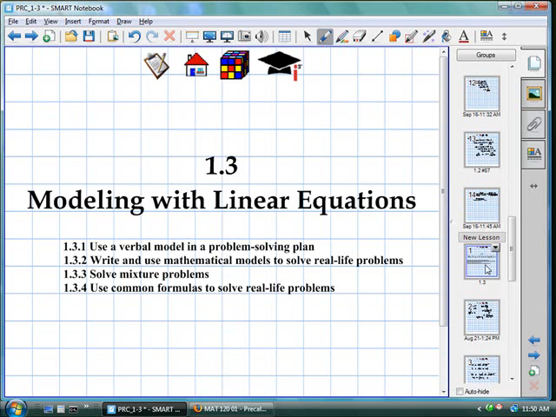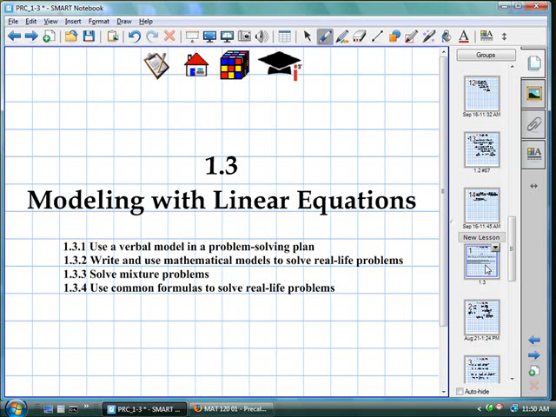The title and the four learning objectives today are using a verbal model and a problem-solving plan. So probably dealing with some word problems, everybody's favorite all the time. Secondly, more emphasis on word problems.